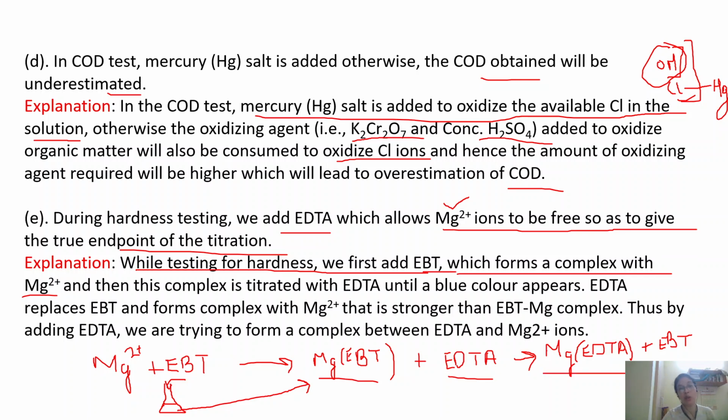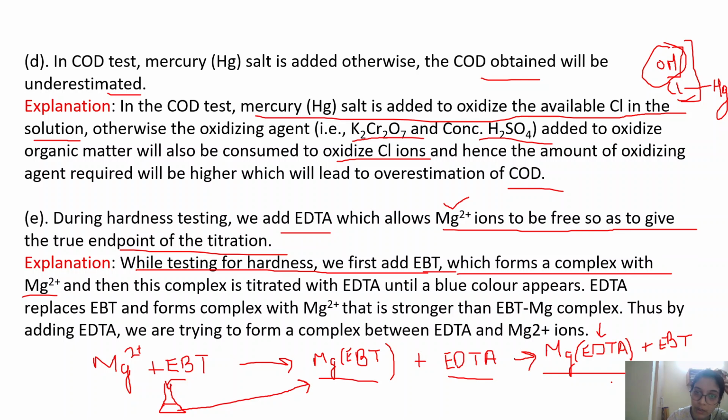So what is hardness actually? It is the amount of magnesium or calcium ion. So the amount of EDTA consumed, because it is forming complex, will be equal to the amount of magnesium ions. The rest of the things will give color.